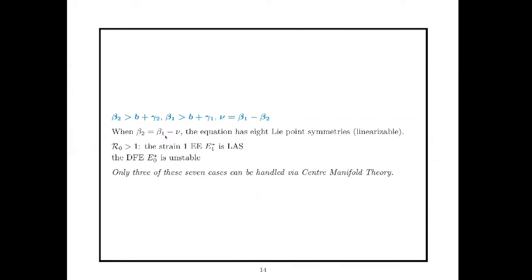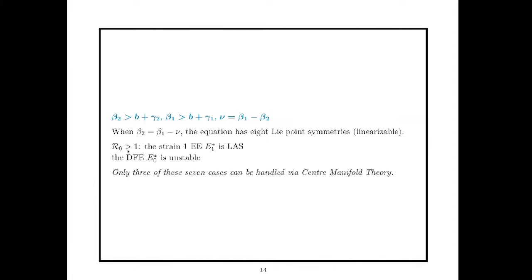You can say a little bit about the biology of the equation. R0, your basic reproduction number, is greater than 1, which means that you have an epidemic. Your endemic equilibrium E1 is locally asymptotically stable, so the solution goes to that particular equilibrium point, while the disease-free equilibrium is unstable, and therefore you understand that you have an epidemic. Okay?